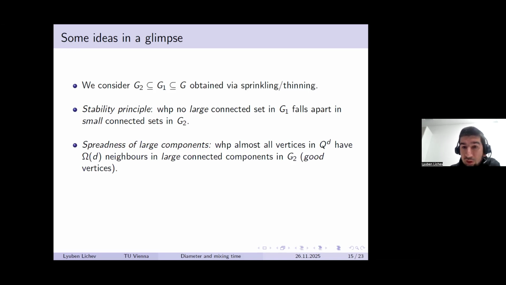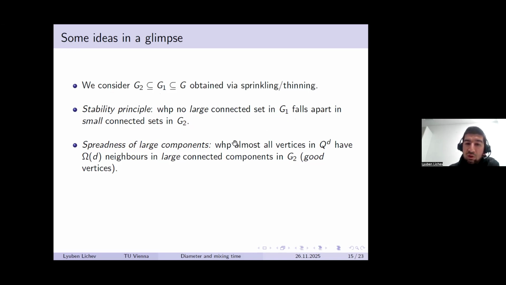The second part is that with high probability, all vertices, or almost all vertices, in the hypercube will be close to large connected components in G2. So up to now, what did we do? We took some large connected set in G1, thinned it, obtained G2, and said that in G2 there is some large part of the connected component in G1 which remains connected.